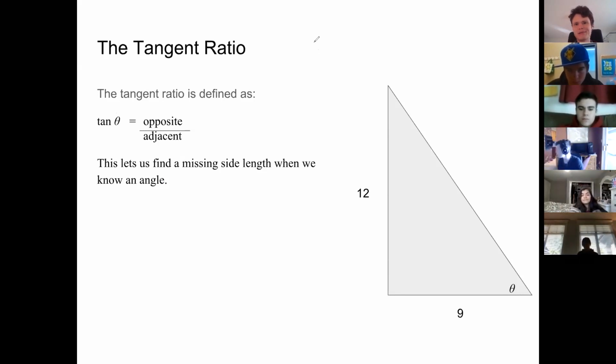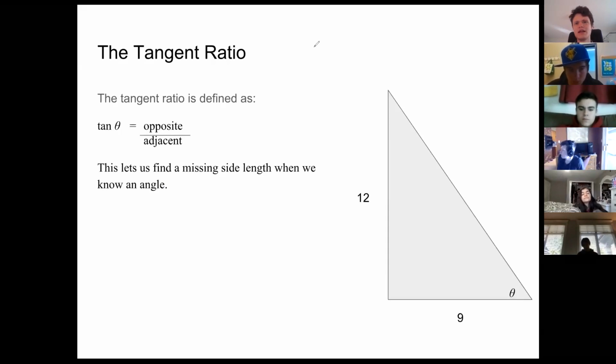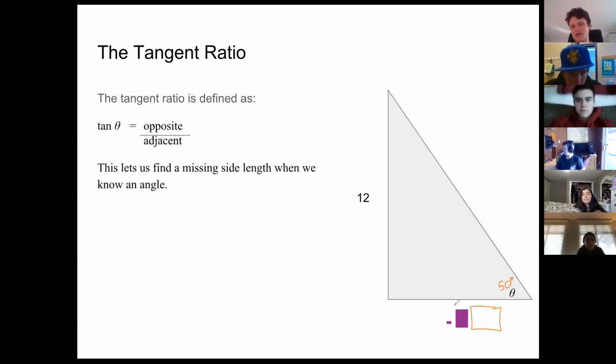So let's say that we didn't know this side length, and let's say that we knew that this angle here was 50 degrees. We're bringing back that 50. We can do some work to find out what this side length is. I know it was 9 before, but I'm making up a new triangle. This is a brand new triangle, so the answer is not going to be 9. We can figure out what that side length is going to be.